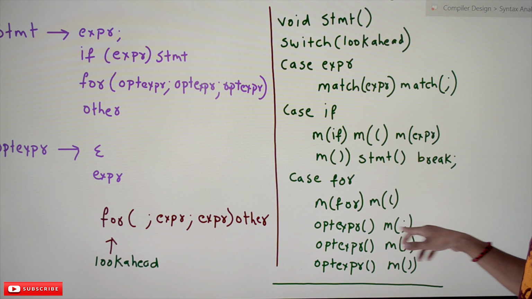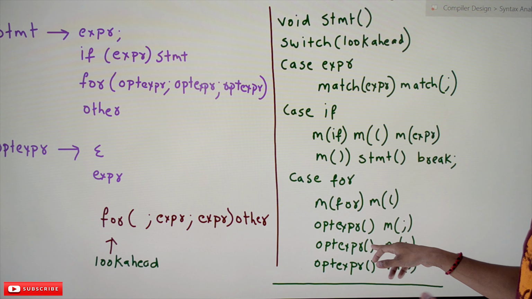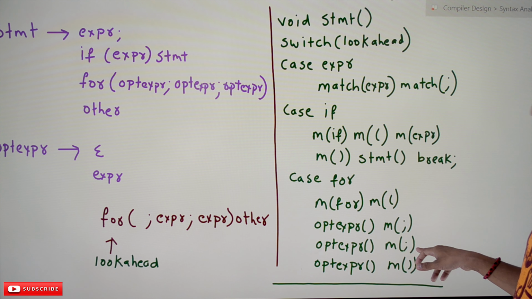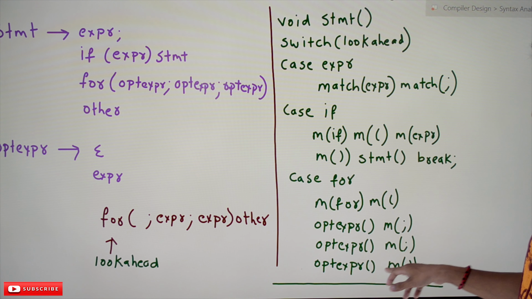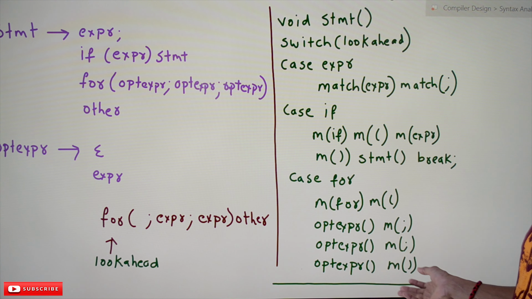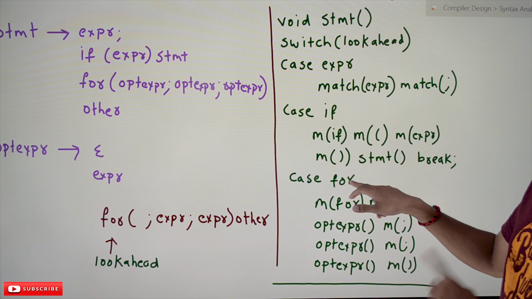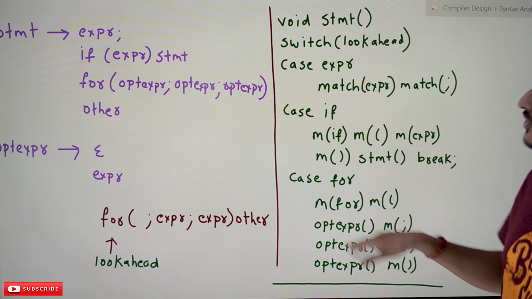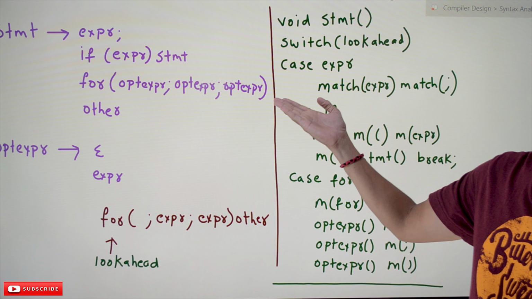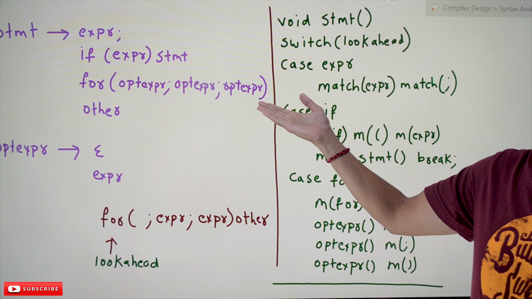Match for semicolon, optional expression, again call the optional expression. Match for semicolon, optional expression, then match closed bracket. These are the things executed if you found this case, for loop.